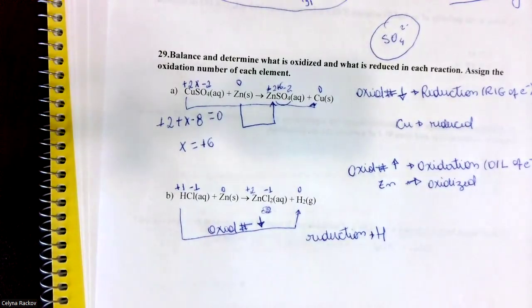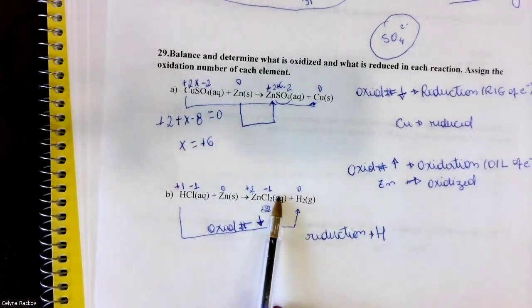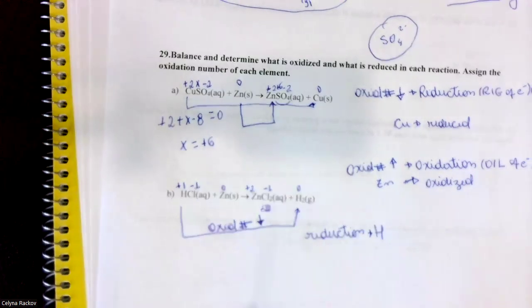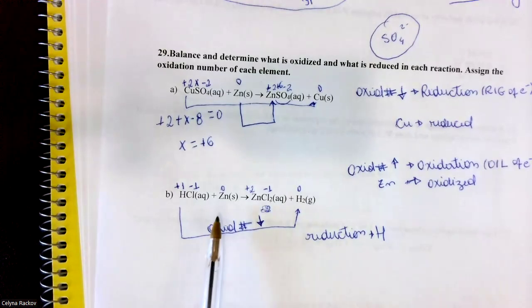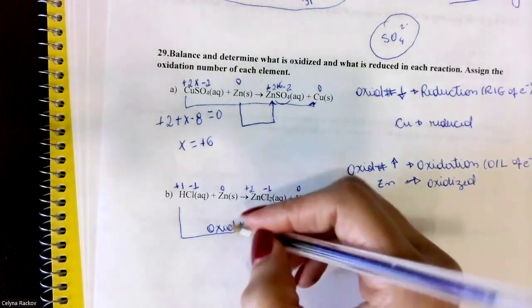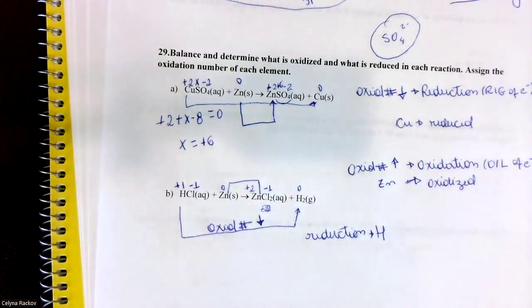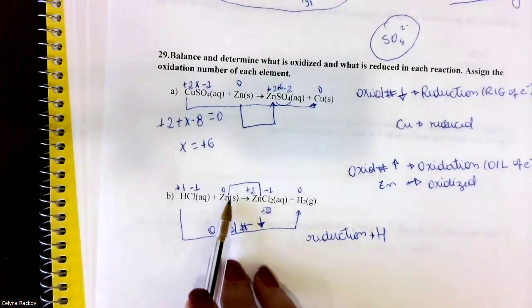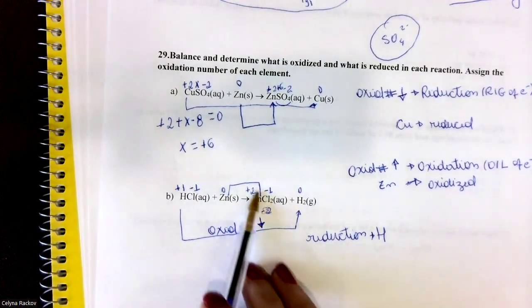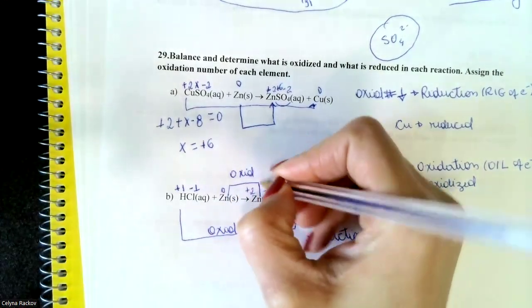Okay, now let's track the other one. Chlorine here is -1, is -1, so chlorine did not change. What other element changed its oxidation number here? Zinc changed from 0 to +2, right? If zinc changes from 0 to +2, the oxidation number increased, right?